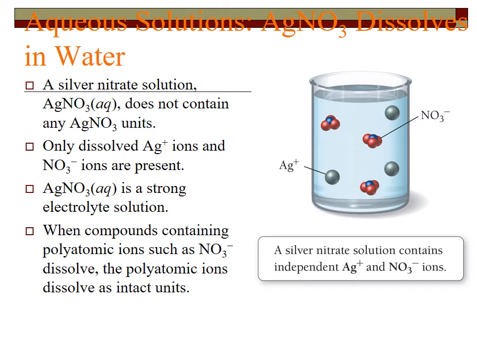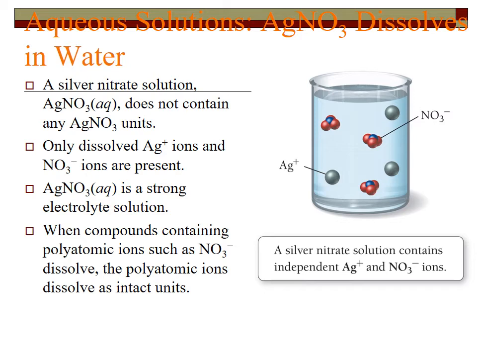Silver nitrate is used for an awful lot of things because of its properties, and it only dissolves into silver ions and NO3 ions. When I put silver nitrate into a beaker, we're not going to see bubbles given off.